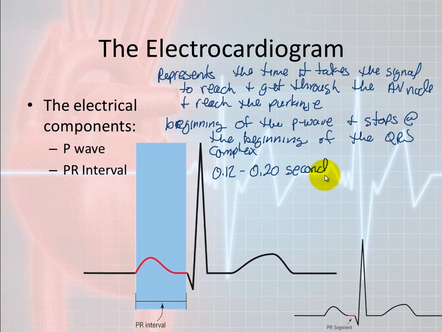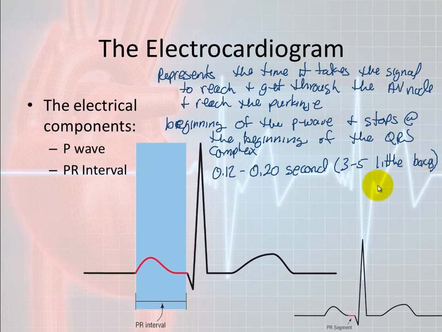This we will discuss later on in junctional rhythms, and we will also discuss a little bit about this in ACS imitators and early repolarization, and early depolarization. So we're going to discuss that way later. All we need to know right now is that the normal PR interval goes from 0.12 to 0.20 second, or you could say from 3 to 5 little boxes.